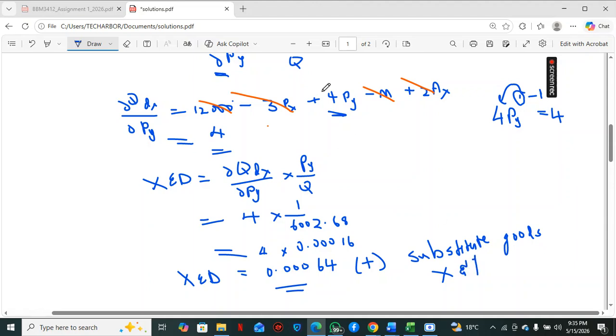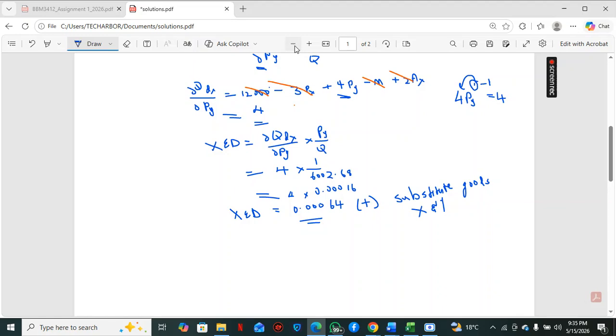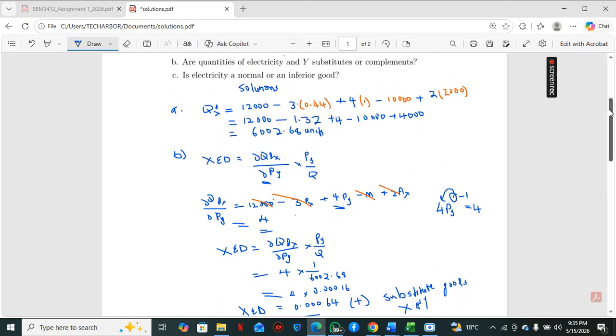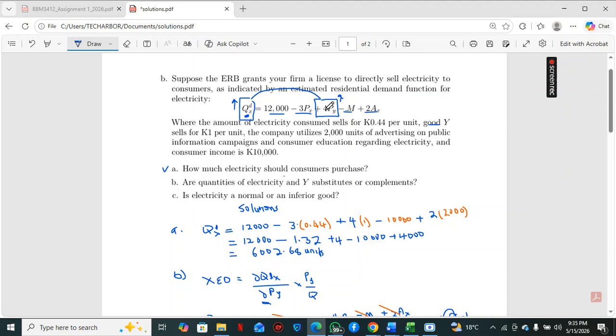So those are the two ways you can tell. Just look at the demand function. Look at the sign in front of the coefficient. If it's a positive one, that's a positive relationship between the two goods. If it's a negative one, negative relationship.